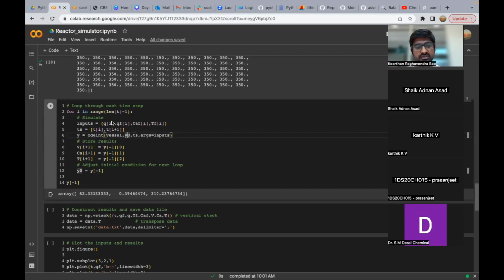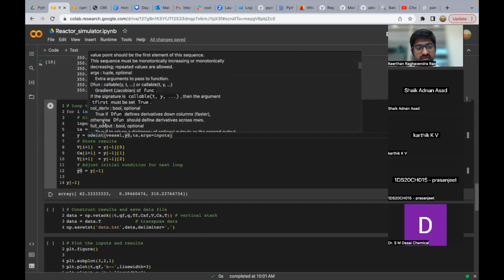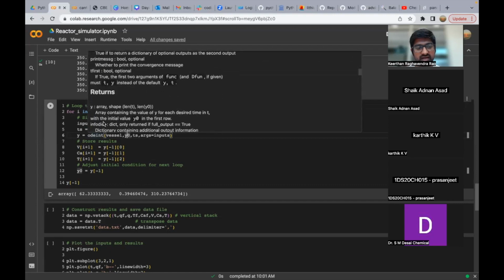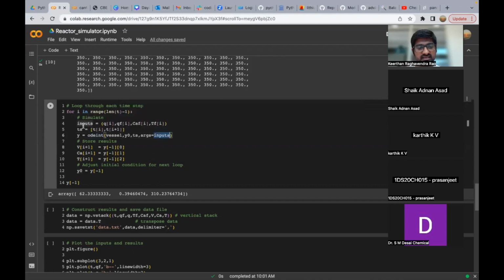If you look at the function, it has a parameter called args, where you can pass in more arguments, so extra arguments to pass to the function. That's what this does, and we have to pass it as a tuple. So that's where we are passing in this inputs tuple that has the time instance of feed flow rate, output flow rate, feed concentration, and feed temperature. So all of these are passed in.